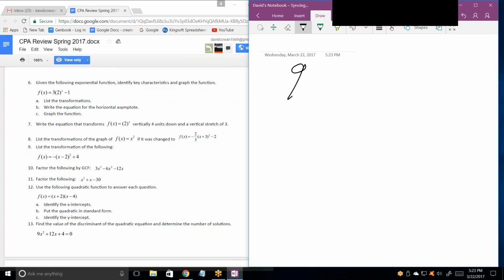They want you to find the discriminant and tell me the type and the number of solutions to this equation. Now, first of all, the discriminant is what? What's the formula for it? It's the part that's under the radical sign. The discriminant has to do with the quadratic formula.